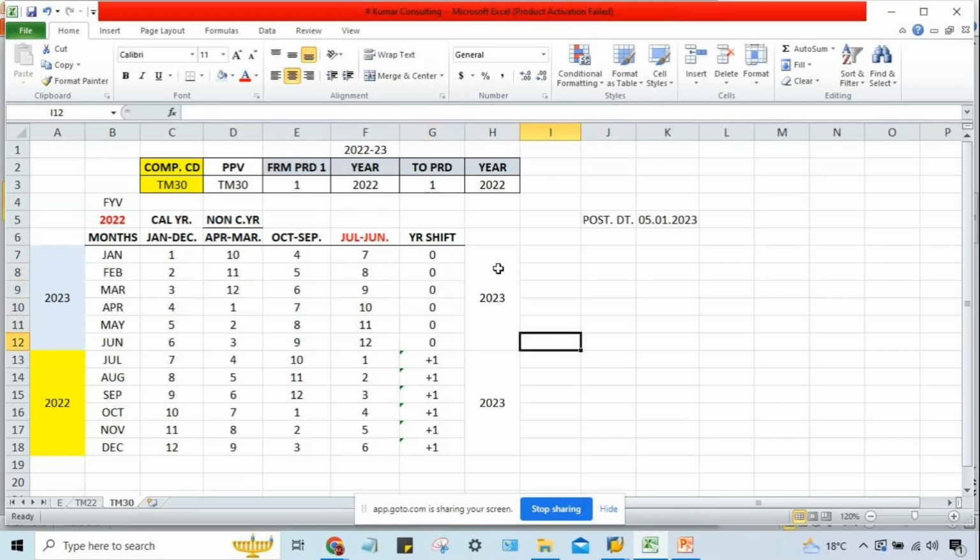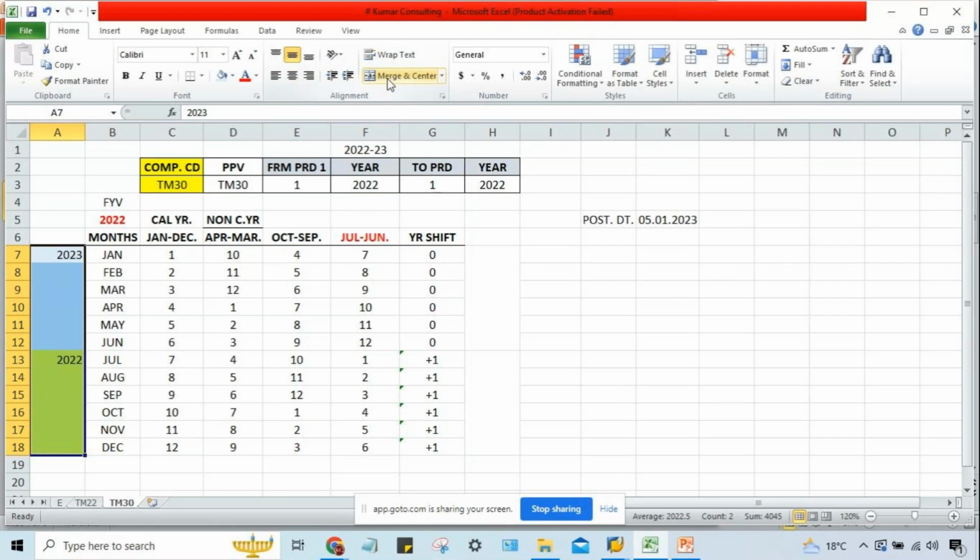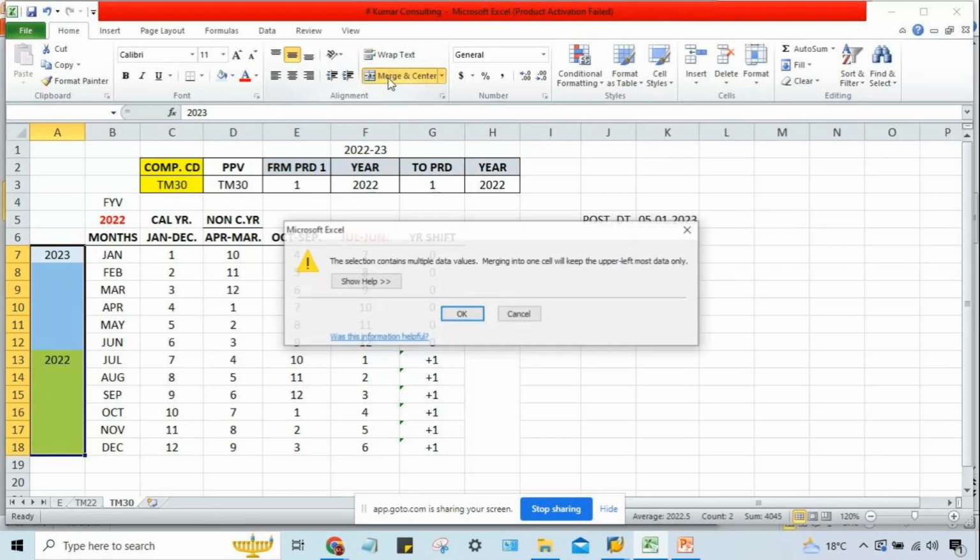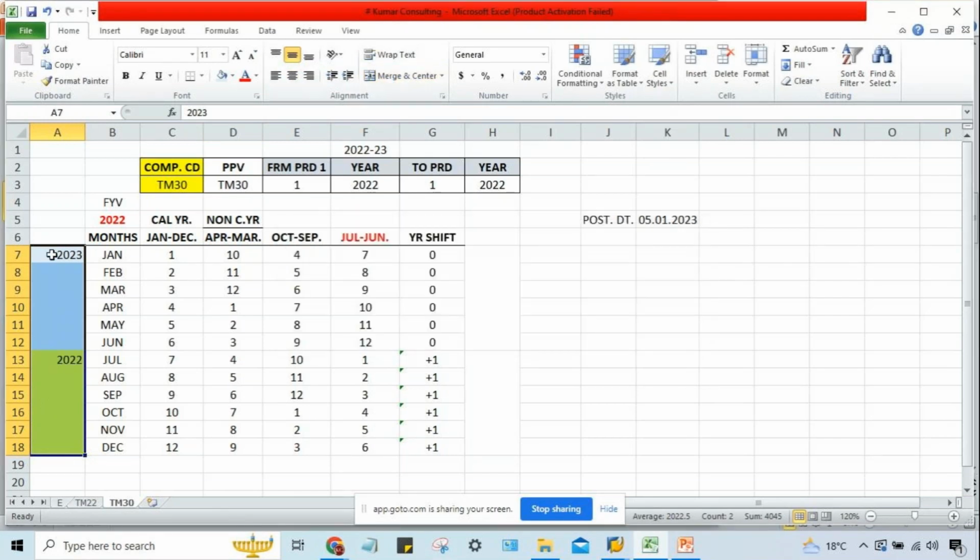Now, how is it going to be calculated? Very simple, guys. Look here once again. Configurations we will see, don't worry. This is how you have to calculate, guys.